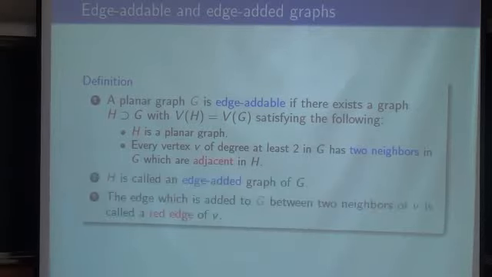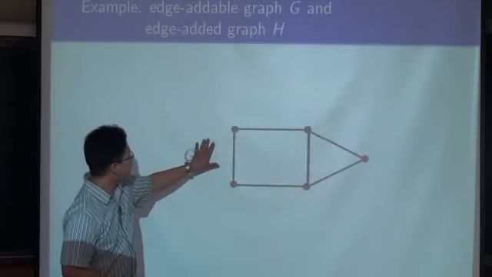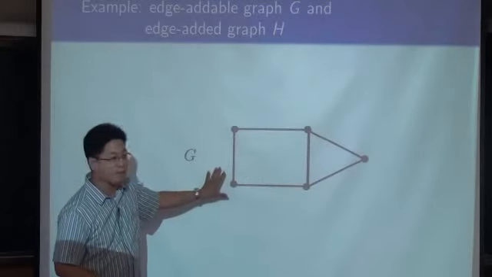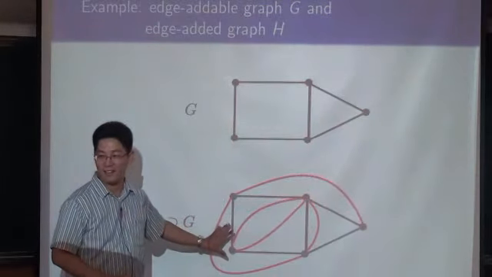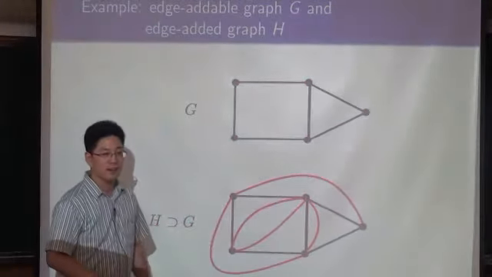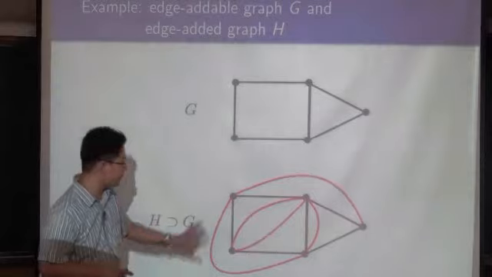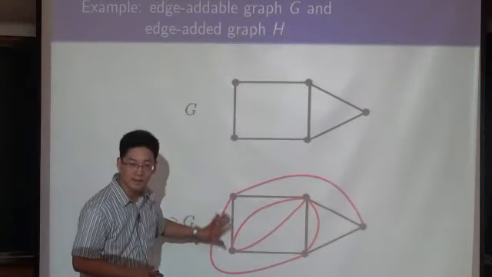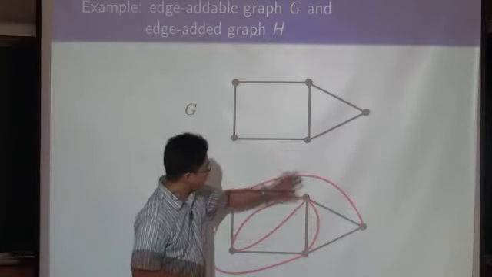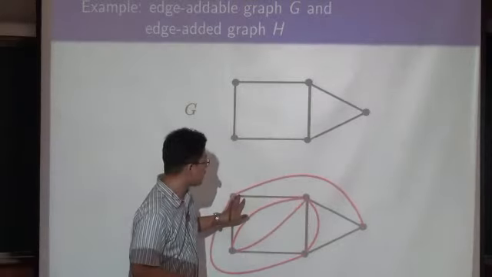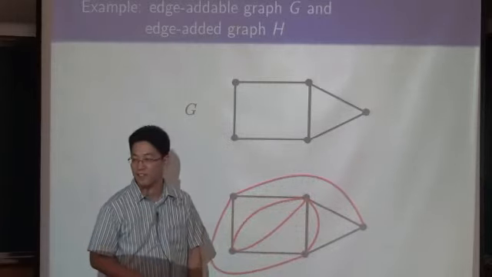So let's see this example. There is a graph. I will say this graph is edge-addable because after adding some edges, some red edges, we have a supergraph like this. And this supergraph satisfies two properties. The first property is that this is still planar. And secondly, for every vertex in G of degree at least 2, two neighbors are adjacent with some red extra edge, right?